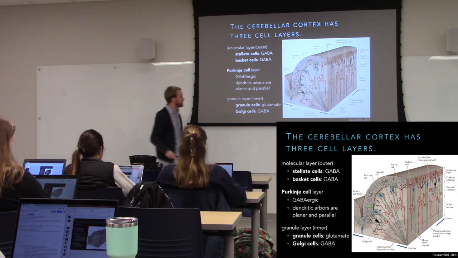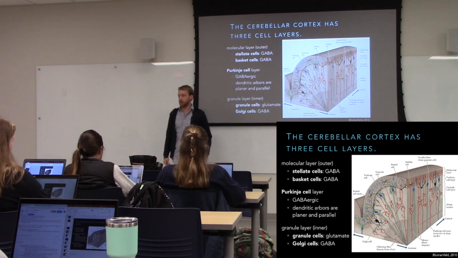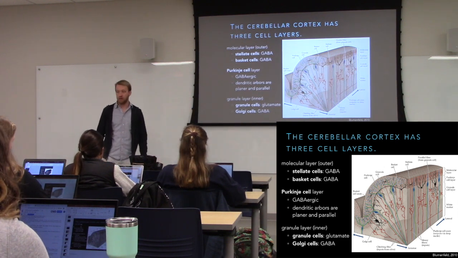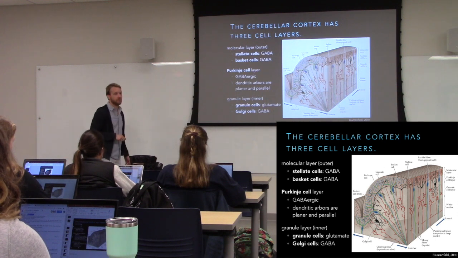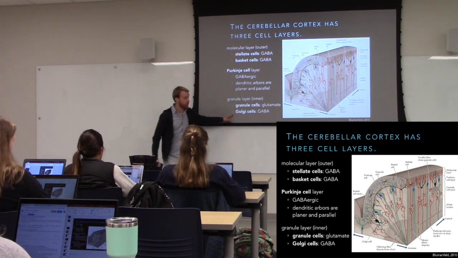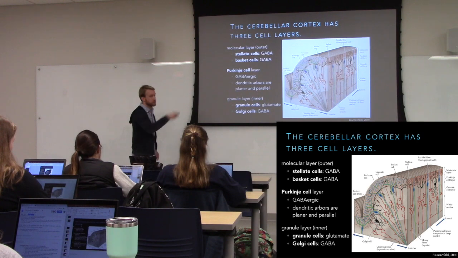And the granule cells are the only excitatory neurons in the cerebellar cortex. Very easy to remember. Everything else is inhibitory. Granule cells are going to be excitatory. Also found in that granule cell layer are Golgi cells. Here's another filter. So, input, output, filter, filter, filter.